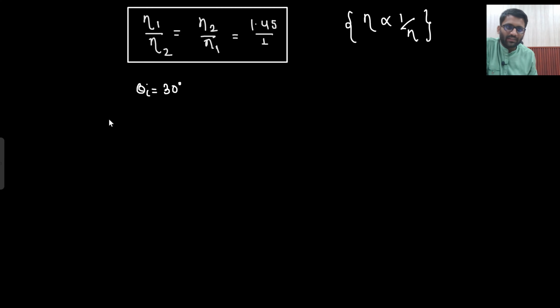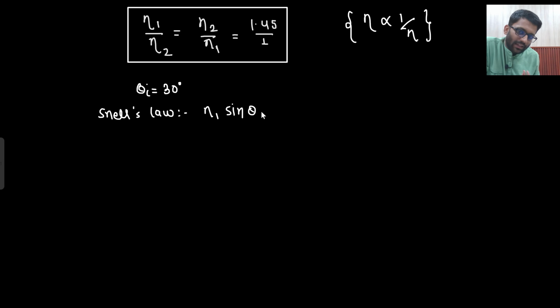So can I apply Snell's law now? Snell's law, so what would that be? It starts with β, or you can start with refractive index as well. That n1 sin θi is equal to n2 sin θt. What is n here? n here is refractive index. Let me check the spelling. Refractive index.